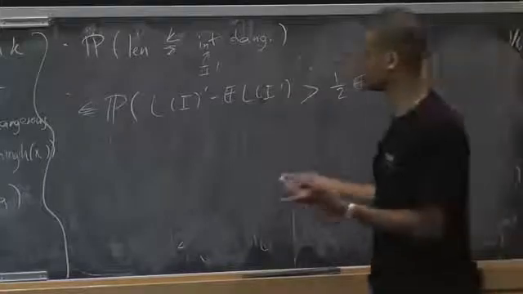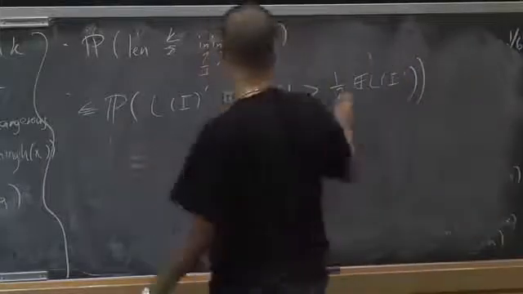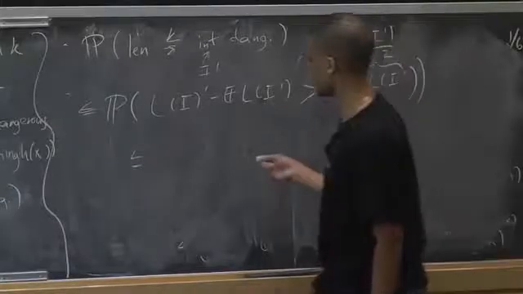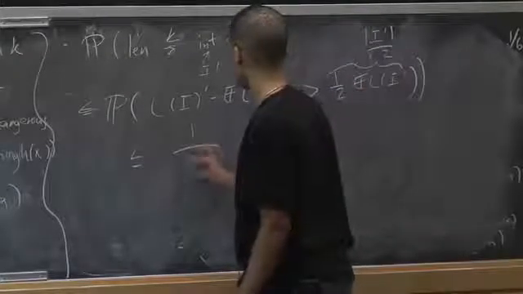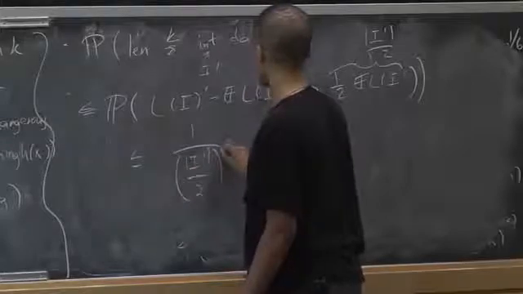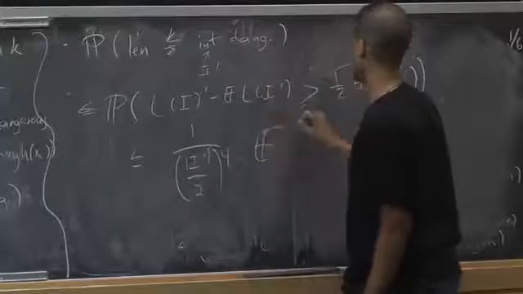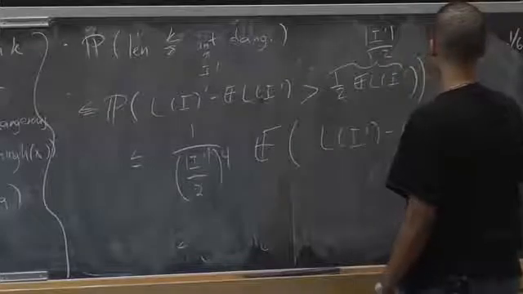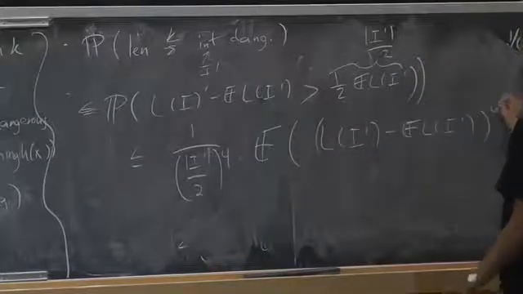So again, this thing here is the size of I prime over 2. So this is at most 1 over the size of I prime over 2 to the 4th times the expectation of the length of I prime minus its expectation to the 4th.